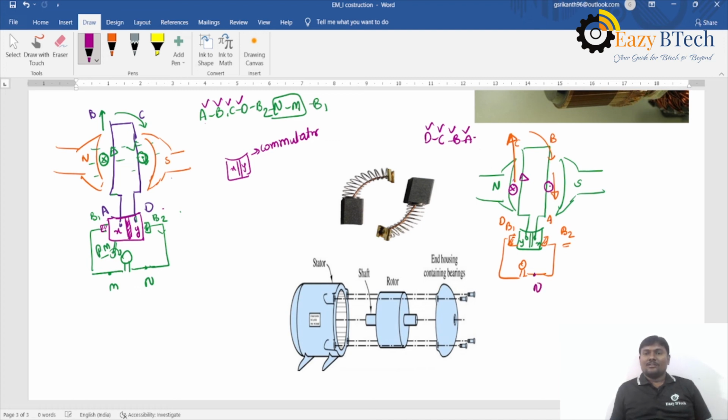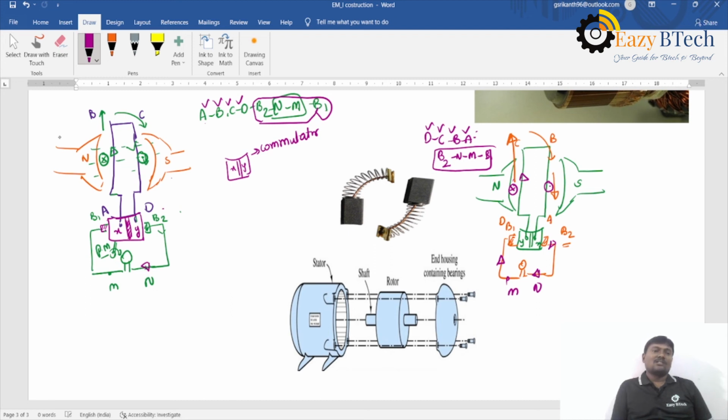Now it is reversed. And at brush B2, the current leaves brush B2 to N to M, after that brush B1. Observe the load terminals.